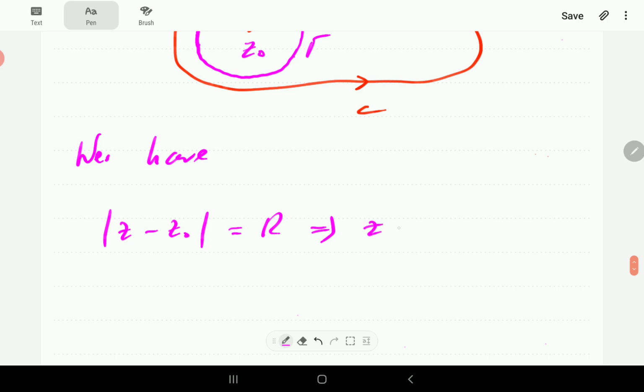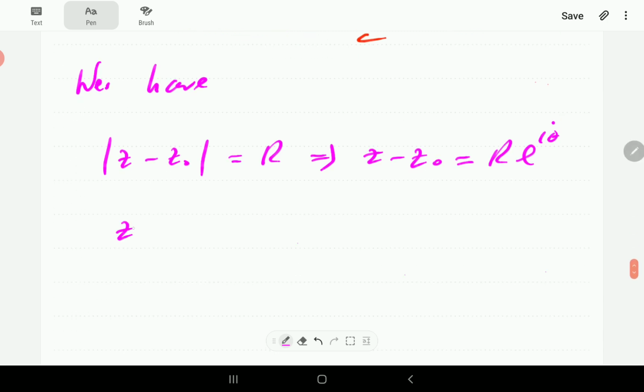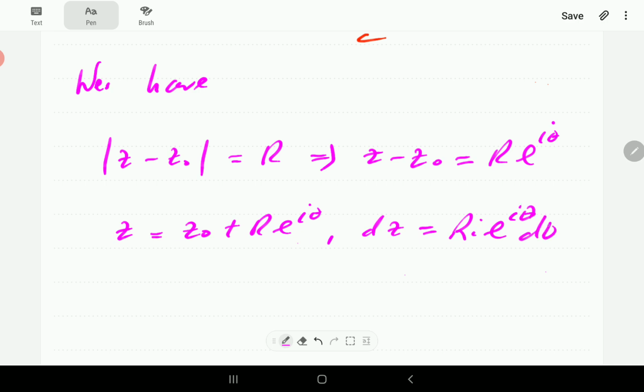If we write this in parametric form, it becomes z minus z0 equals r e to the i theta. Of course, r is a constant. From here, z is z0 plus r e to the i theta, and dz is r i e to the i theta d theta.